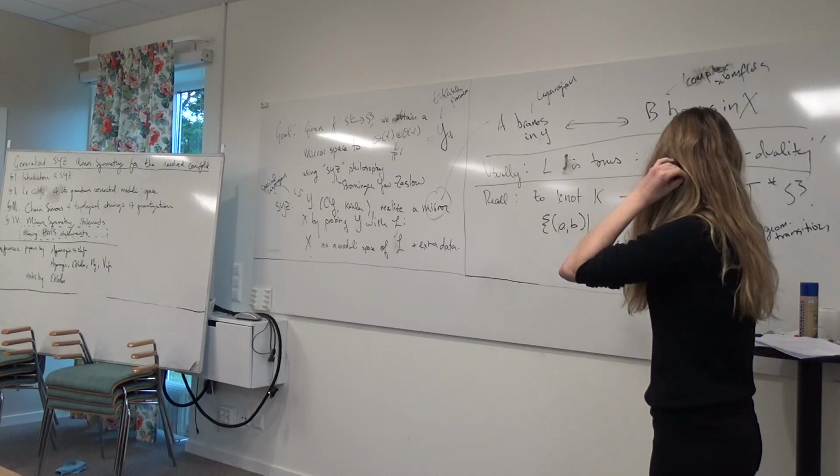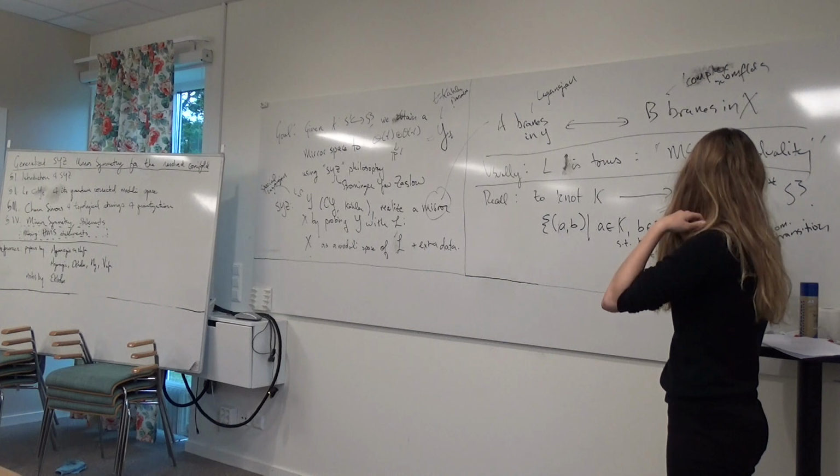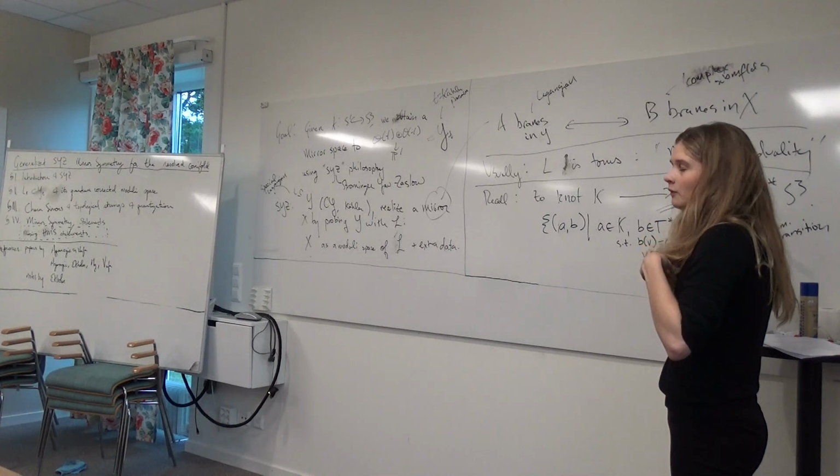Fine. So we have a problem now, because this lives over the zero section of your S3, and when you do this geometric transition, that's the part that you're touching.